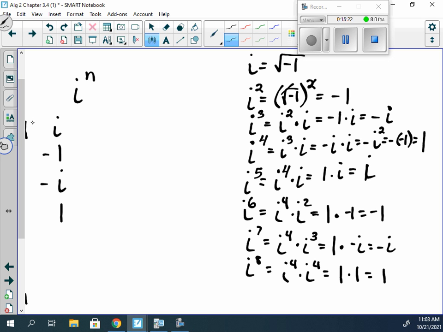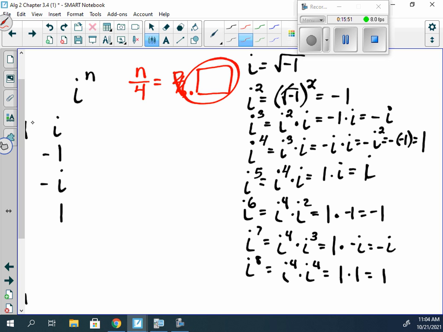Now what's interesting is if we take that power, whatever the power is, and divide it by 4, we'll get a number. But it's going to give us a number with a decimal. We're not really focused on the whole number. We're focused on what the decimal is, because it'll tell us what the power of i will be.